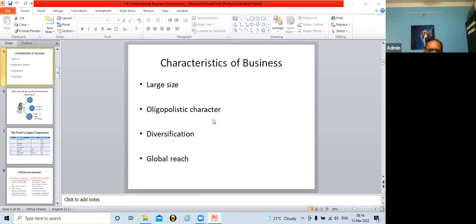And then once diversification is done, then they develop the thought: why not reach our product at a global level? So this is also another.